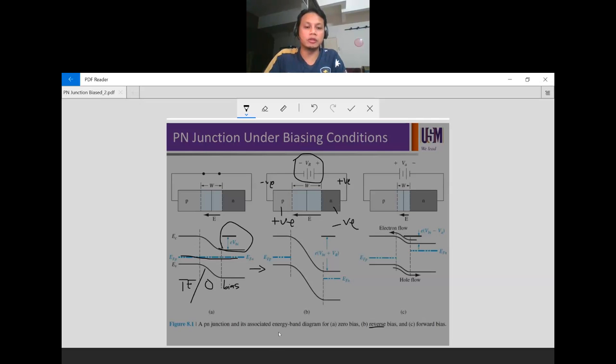Okay, so what is the effect of reverse bias on the band diagram? You can see down here, what do you see in comparison to the thermal equilibrium band diagram? What do you see from the band diagram of reverse bias, part B? What difference do you see?